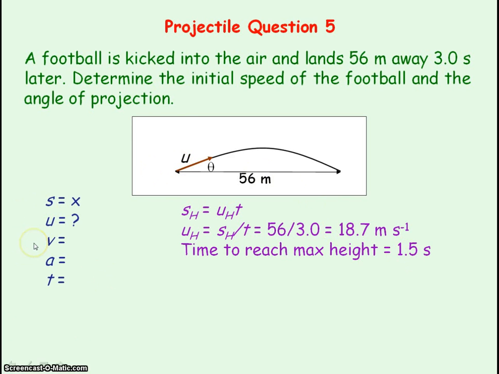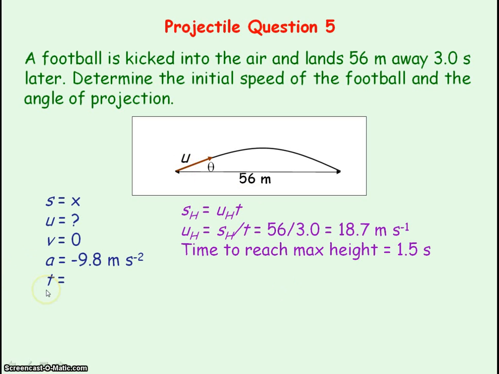The final velocity in the vertical direction at maximum height will be 0. The vertical acceleration will be due to gravity, but because it's acting downwards in the opposite direction to the initial velocity vertically, we'll have that as minus 9.8 meters per second squared.